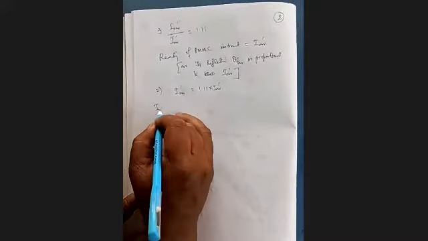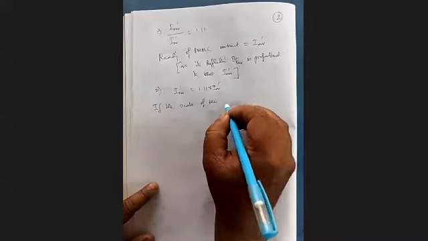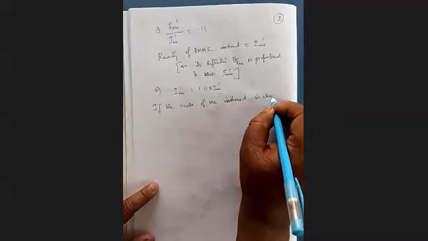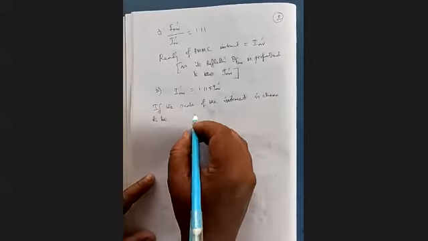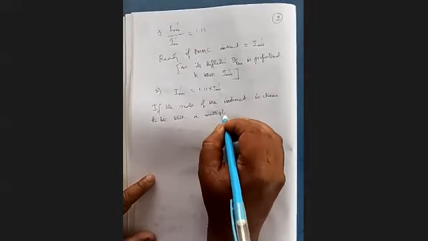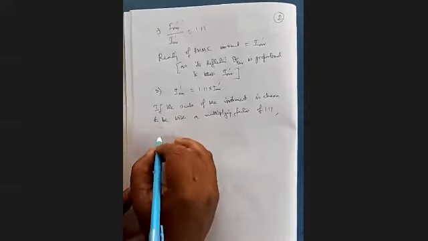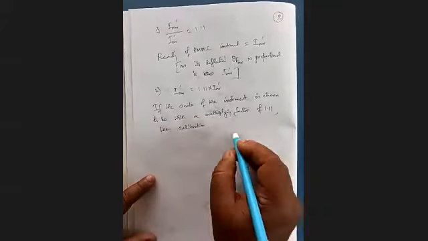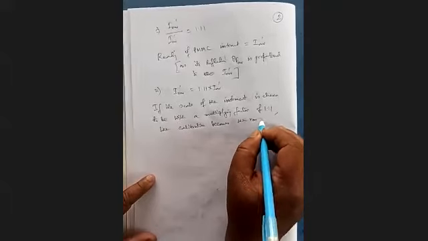So if the scale of the instrument is chosen to be with a multiplying factor of 1.11, the calibration, meaning the marking, becomes the RMS value.